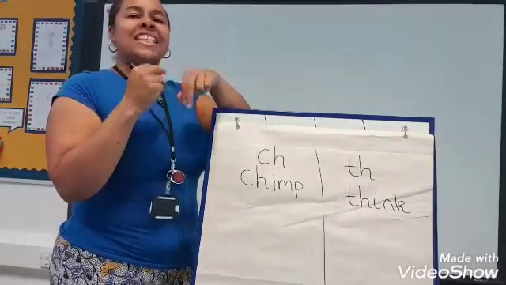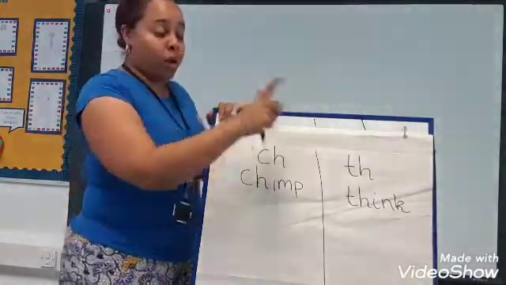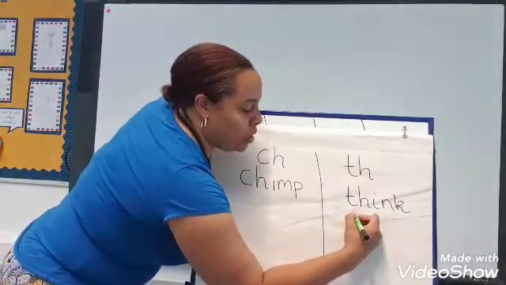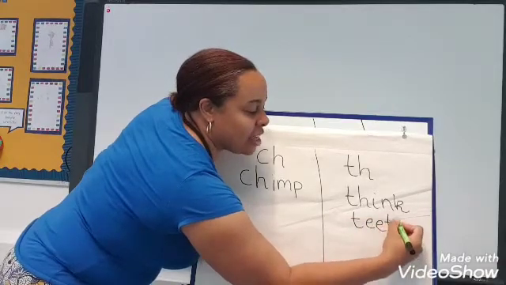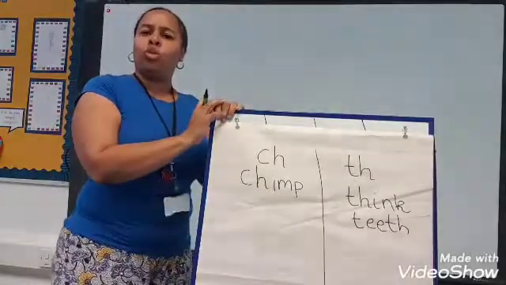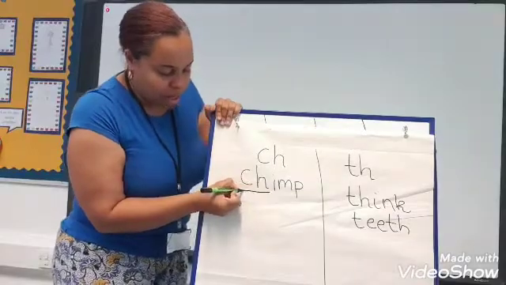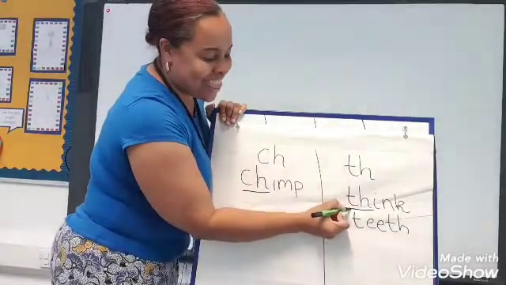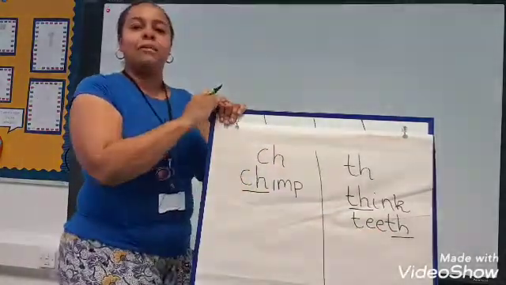Well done if you said this sound. I'm just going to show you. Teeth. And just so that we are sure where the digraph is, I'm just going to underline it. So here's the ch, here's the th at the beginning, and here it is at the end.